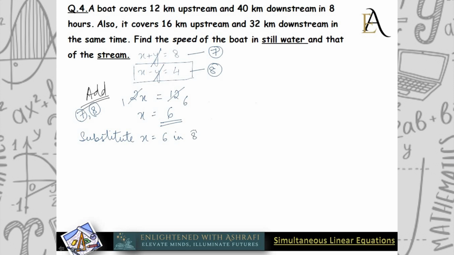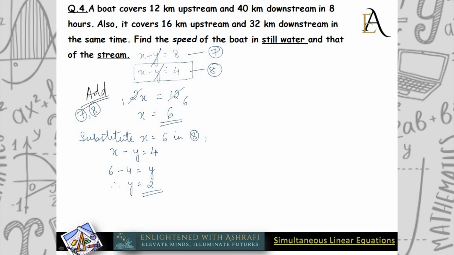It will be easier for us. x minus y is equal to 4. x is 6. 6 minus 4 is equal to y. Therefore y is equal to 2. So we got the value of x and y.